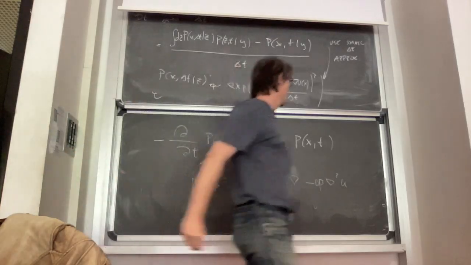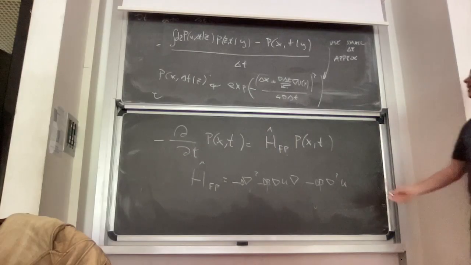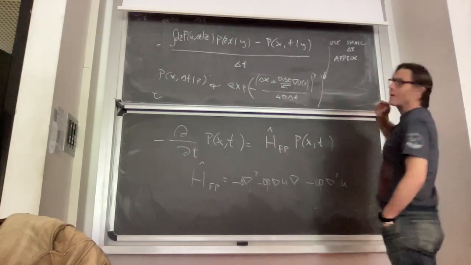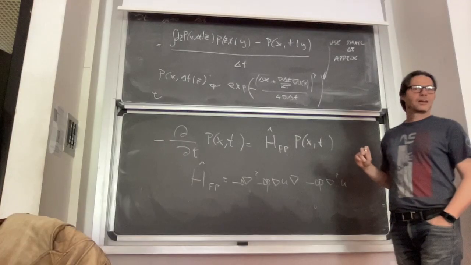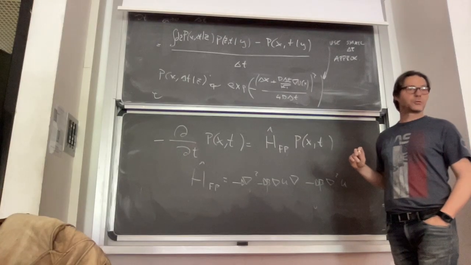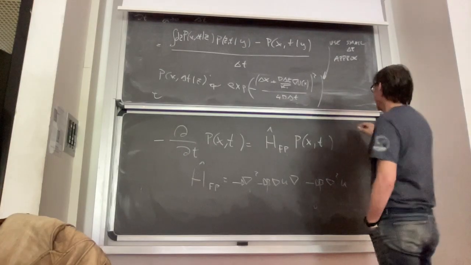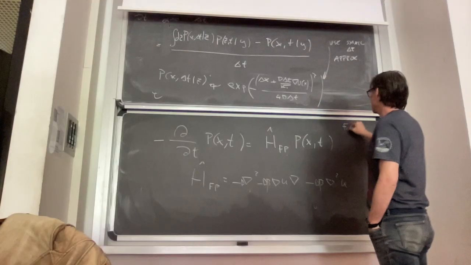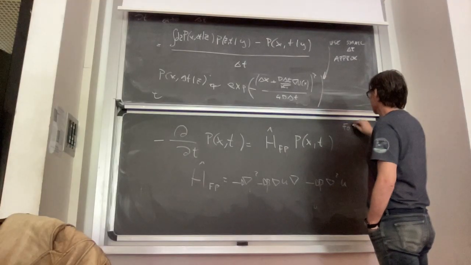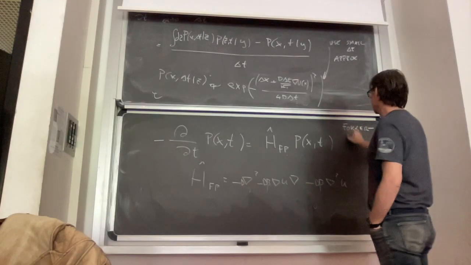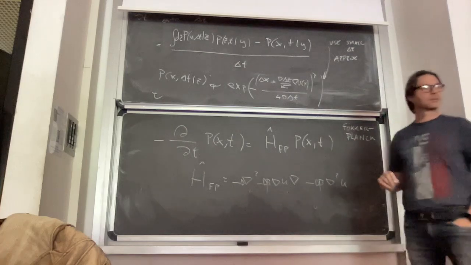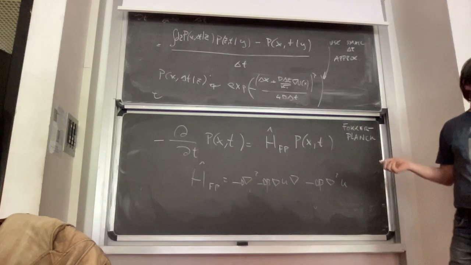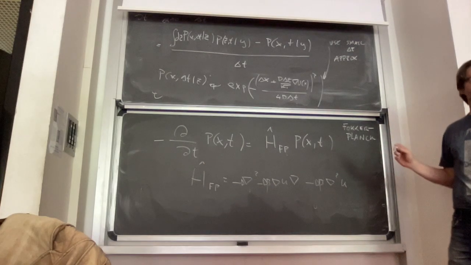Okay, this equation is called in two ways, depending on what side of the Berlin Wall you used to be. In the West, it was known as the Fokker-Planck equation, after two Germans. I'm not sure whether they were Austrians.